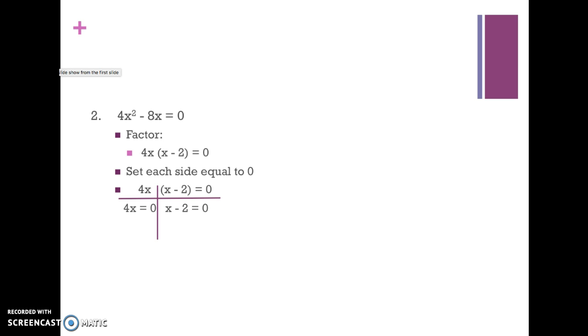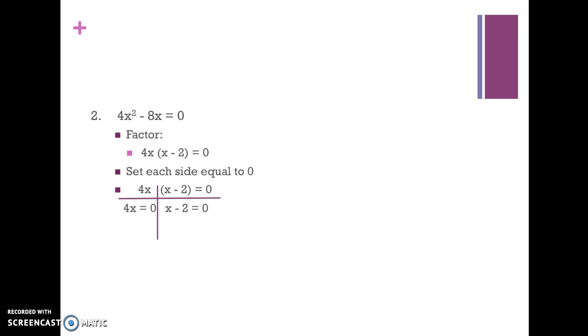I take the first side and I divide each side by 4 to get x by itself. So 4x divided by 4 equals x, and 0 divided by 4 equals 0.